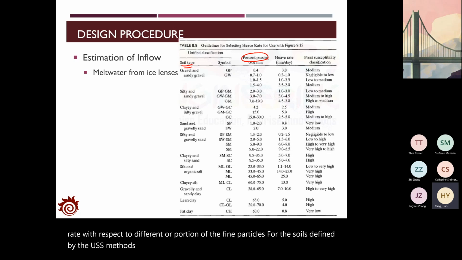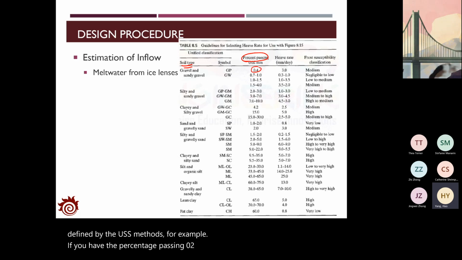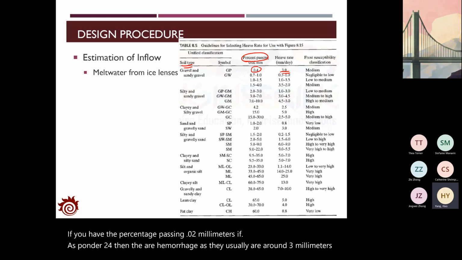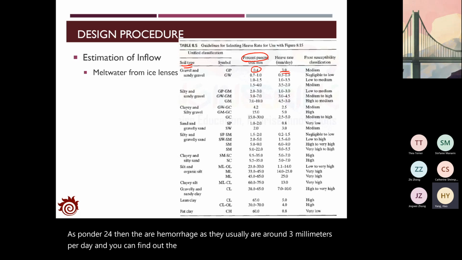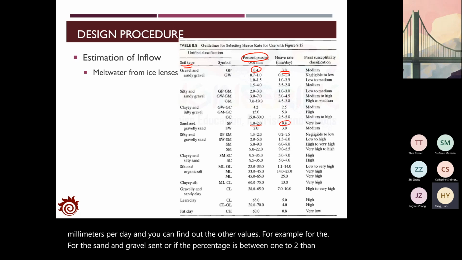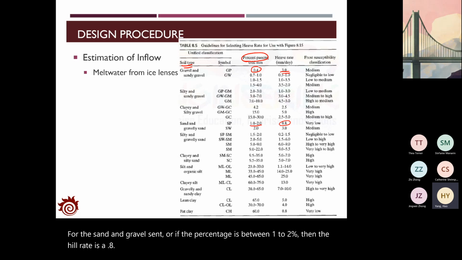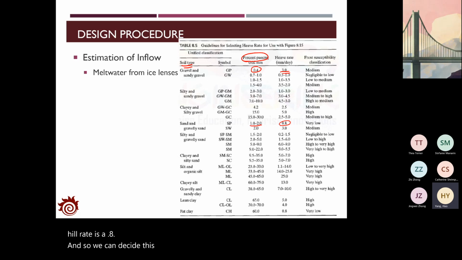For example, if you have the percentage passing the 0.02 millimeter sieve as 0.4%, then the heave rate is usually around 3 millimeter per day. And you can find the other values, for example, for the sand and the gravel sand, if the percentage is between 1 to 2%, then the heave rate is 0.8, and so on. We're going to cite this table to identify the heave rate based on the grain size distribution.